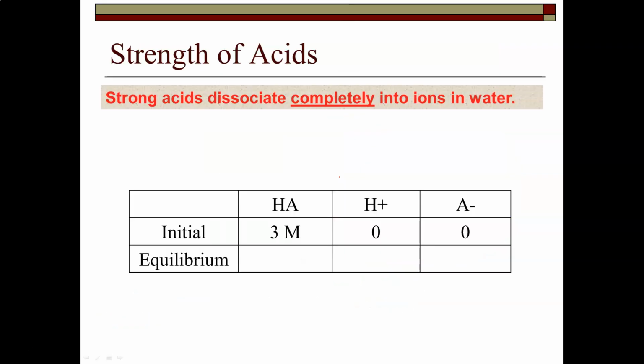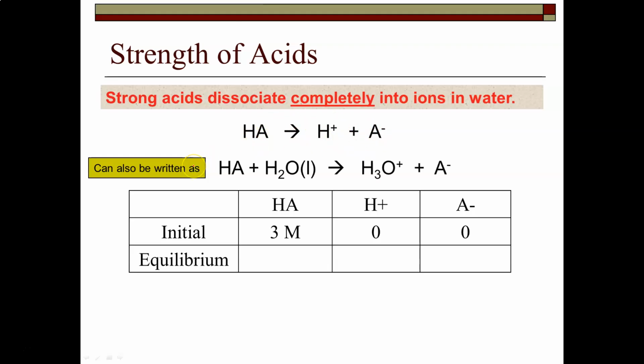If you look at initial and final molarity values here, it's basically what I had in the last slide. There's your generic equation. See how I shortened it up here on this slide? So here's your dissociation of HA without the H2O written in there. Okay, I also have it right here, what it can be written as, so I went over this already. I have my initial concentrations of all of my substances.